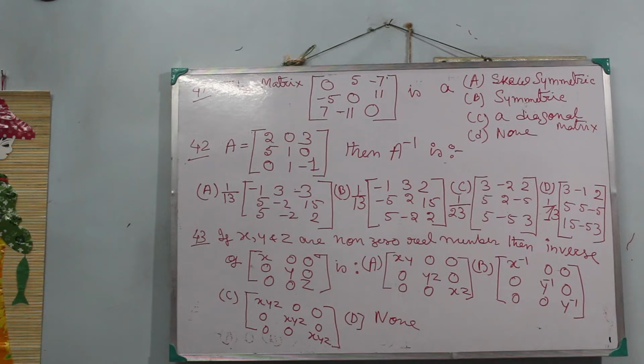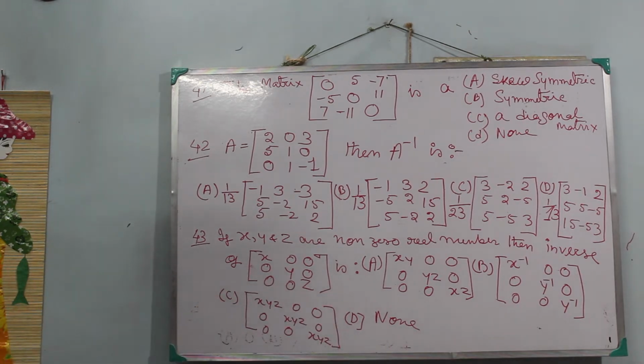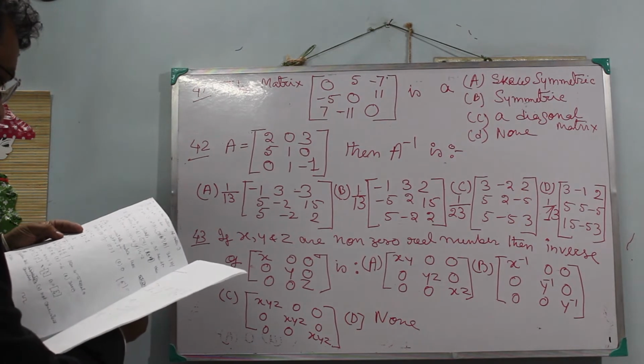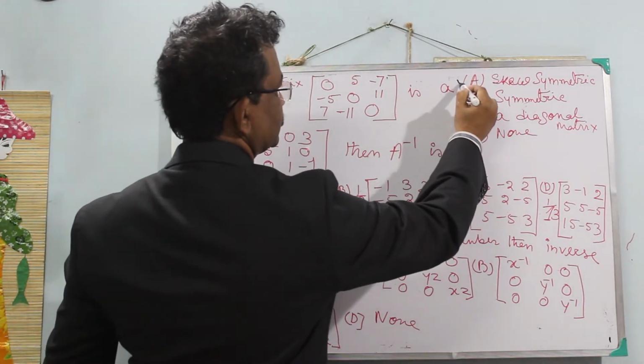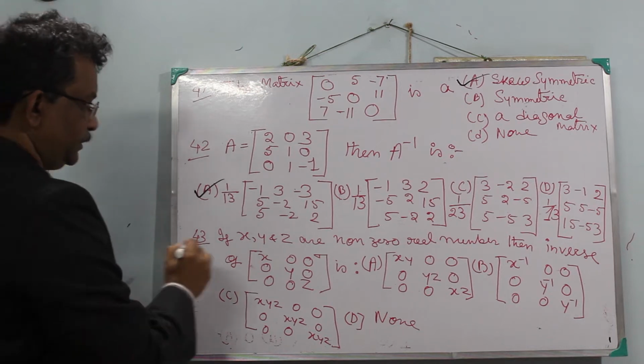So for 41 the correct answer is A. For 42 the correct answer is also A, and for 43 the correct answer is B. So let us try. For 41, it is a skew symmetric matrix.